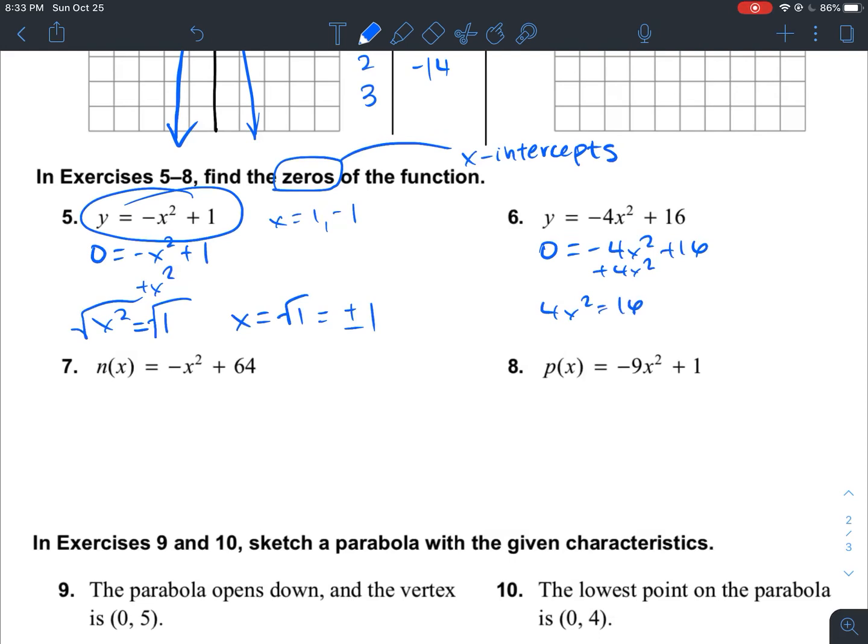My goal is to get x by itself, so let's divide by 4. So I get x squared is equal to 16 over 4, which is 4. And to undo exponents, take the square root. So then x is equal to the square root of 4, which will be plus or minus 2. And that would be the answer.